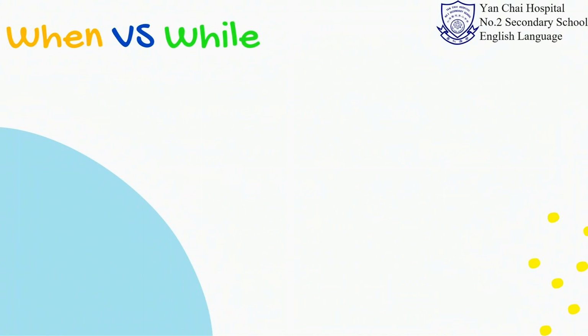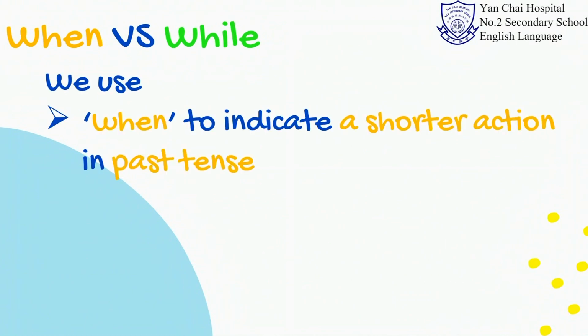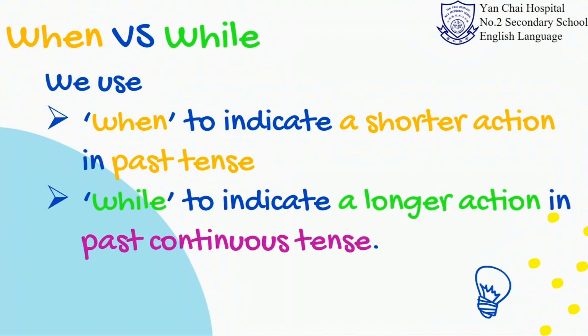When versus while. We use when to indicate a shorter action in past tense. We use while to indicate a longer action in past continuous tense.